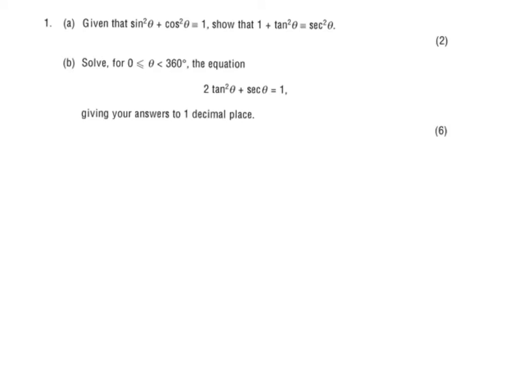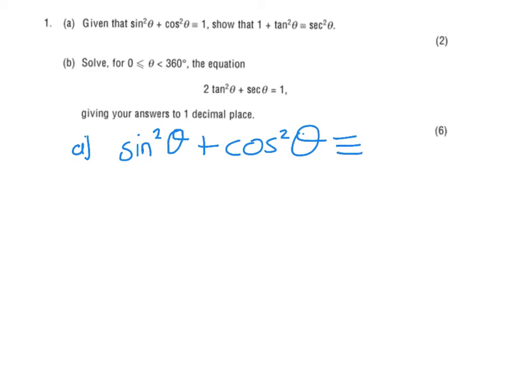Okay, let's have a look at this exam question. This is part A. We're going to go from sine squared theta plus cos squared theta, which is equivalent to 1.